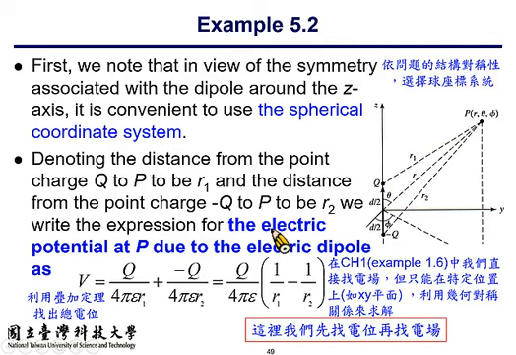It's relatively simple because we have only two charges, a positive one and a negative one. The positive one, say the charge is Q, and the negative one is minus Q. Using the relationship that I drew on the blackboard, you can see the potential established by the positive charge is here, and the negative one is here.